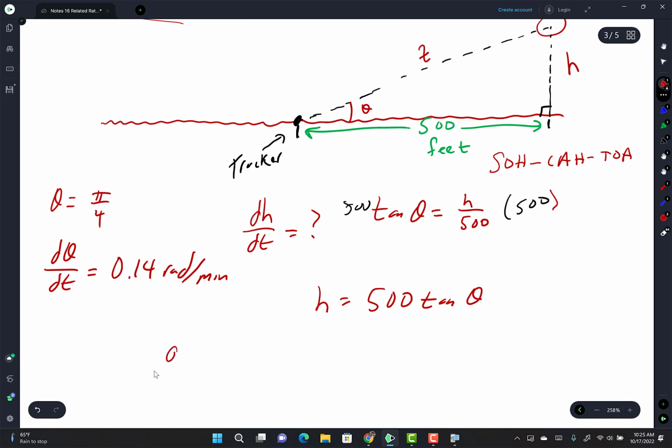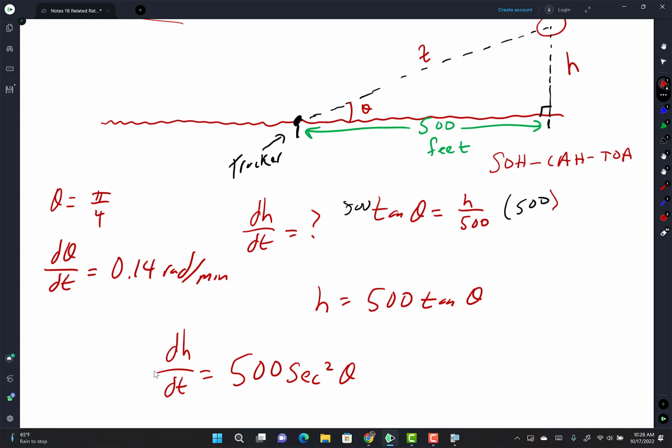Time. So I write dH dt is equal to 500. What's the derivative of tan? Secant squared theta, and then what do I put next to it? The d theta dt.